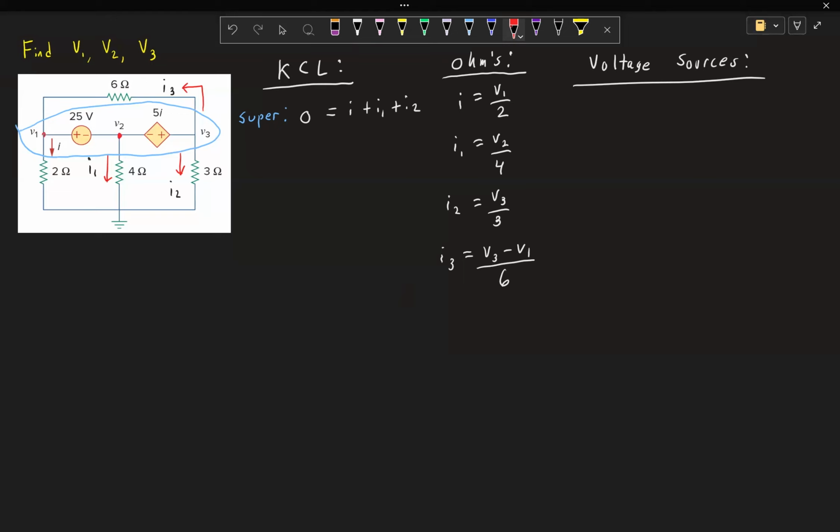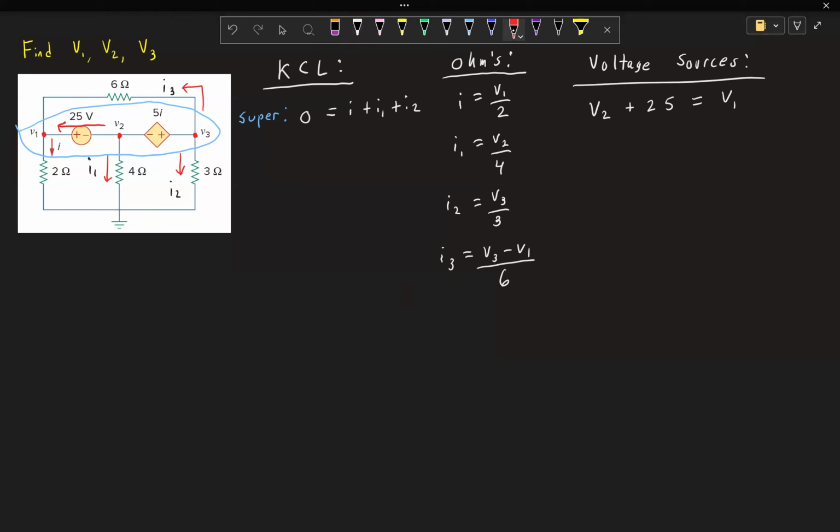Okay, we've got our V1, V2, and V3. Now, between V1 and V2, I like looking at it from minus to plus. So one of the equations will be V2 plus 25 equals V1, because we start at V2, pass through negative to positive, then we get to V1.